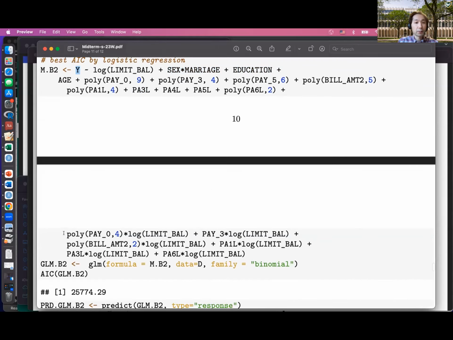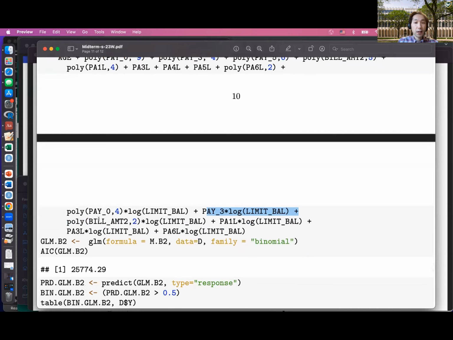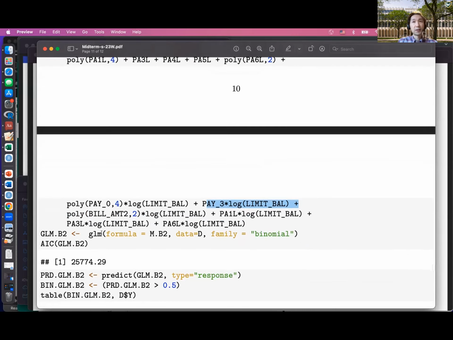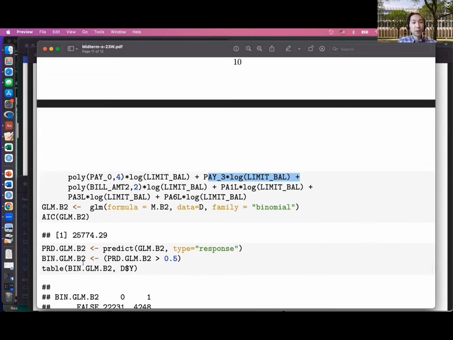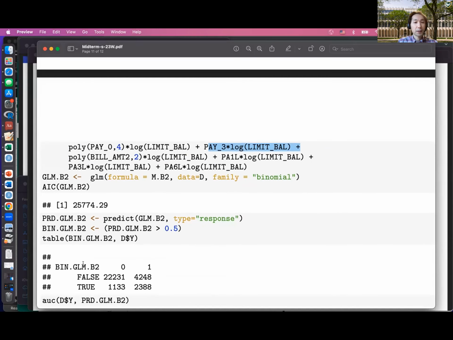And I put some interaction between the balance and the payment information. I optimized this in terms of AIC, and AIC isn't really the most reliable criterion. If you do very computer-intensive cross validation for model selection, then probably you can do better.